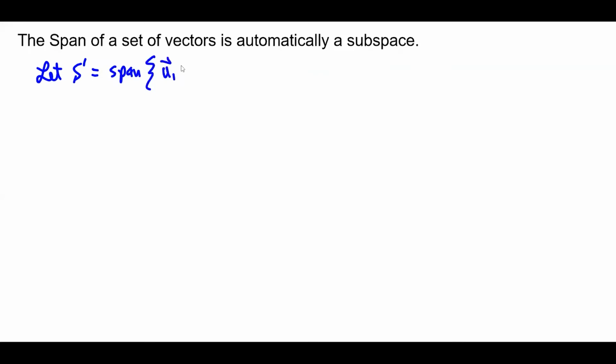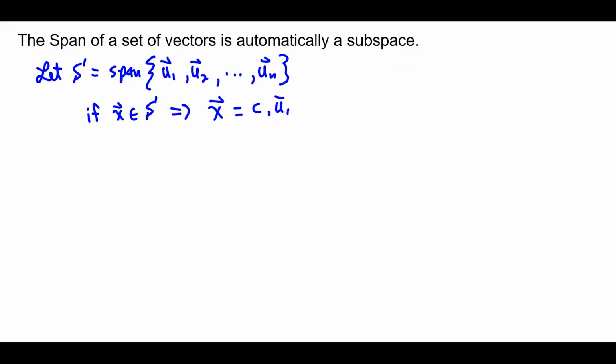So we'll call it U1, U2, up to U sub n. So we want to know, is S a subspace? So the span is all linear combinations. So let's say if I pick a vector x in S, that means that x is some linear combination of these vectors.